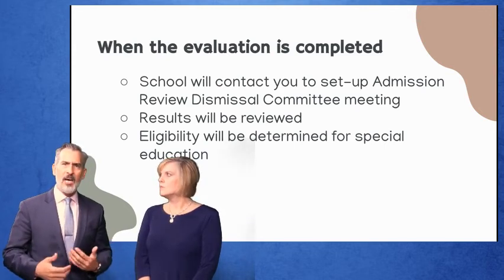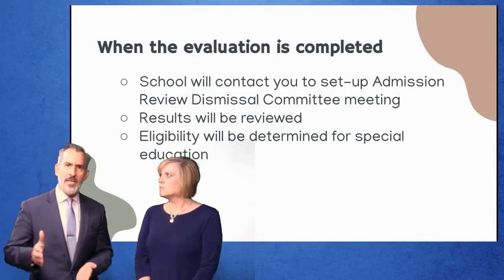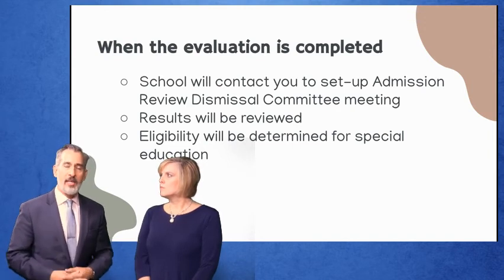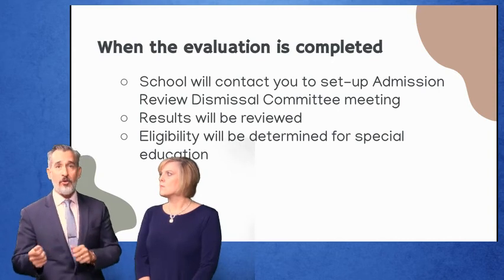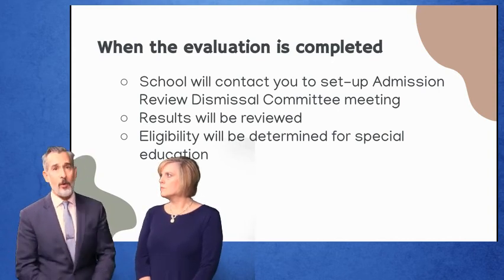So again, these timelines are explained by the school district, and the meeting must be completed within 30 days after the evaluation is completed. And at that ARD meeting, a decision is made whether or not the child should receive special education services.